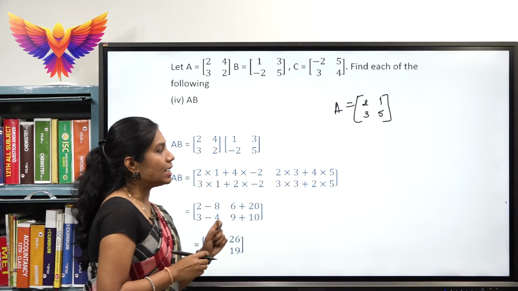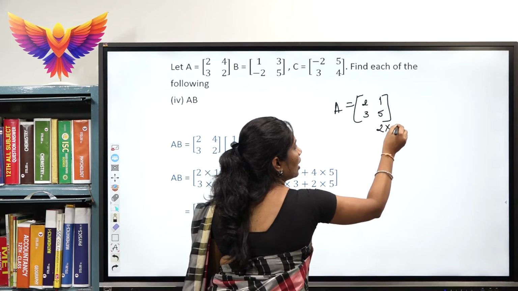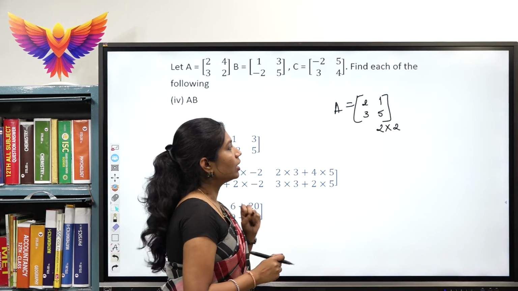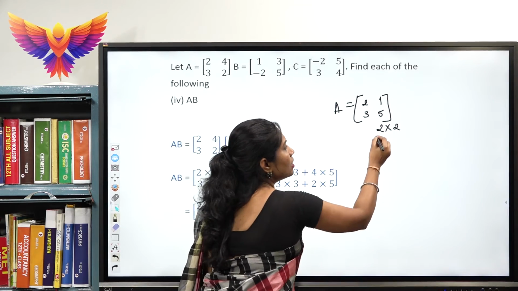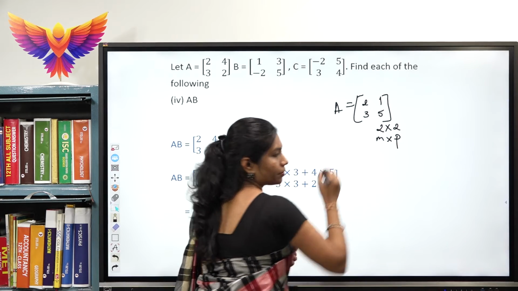Here I can write the order as 2 cross 2. The same way, the second matrix which I am multiplying with, in general how do we write it? It is M cross, I will take it as say some P.